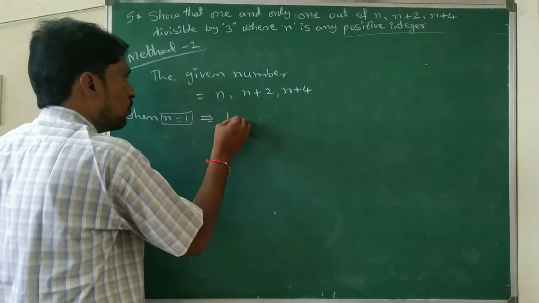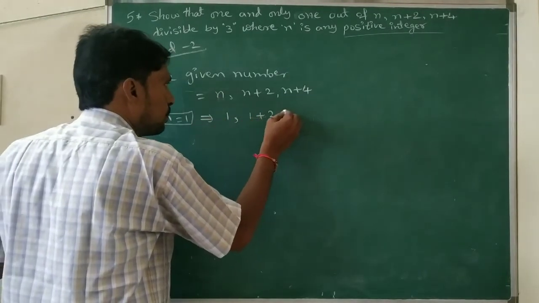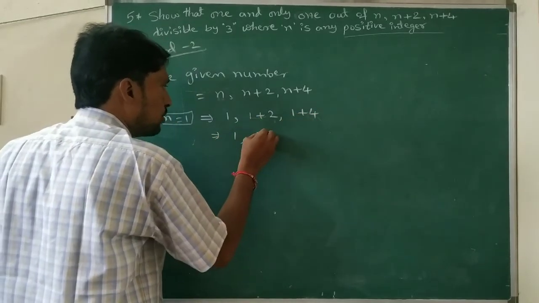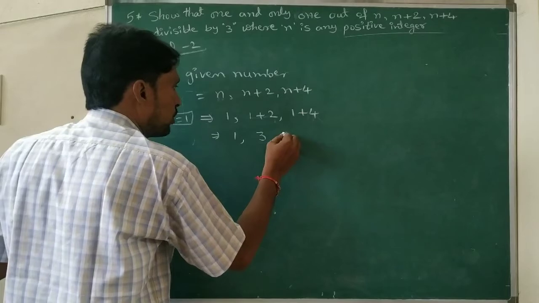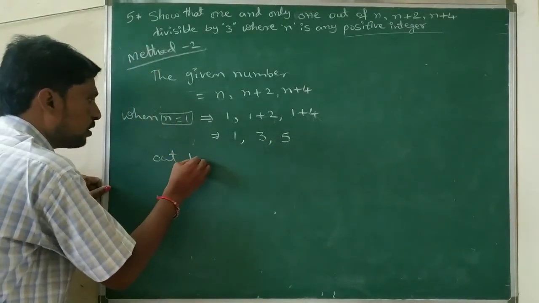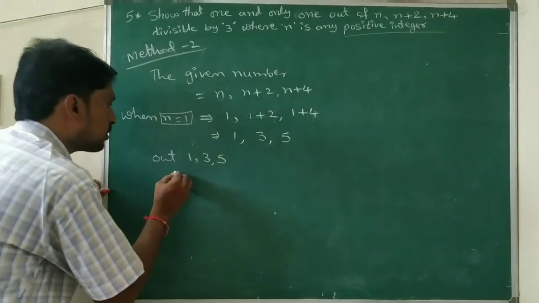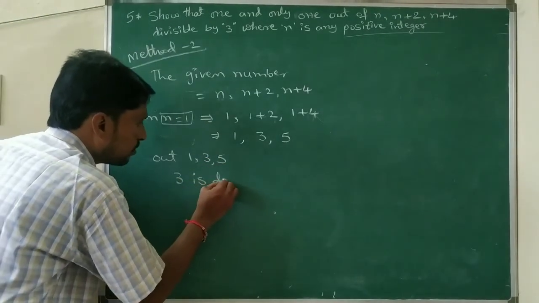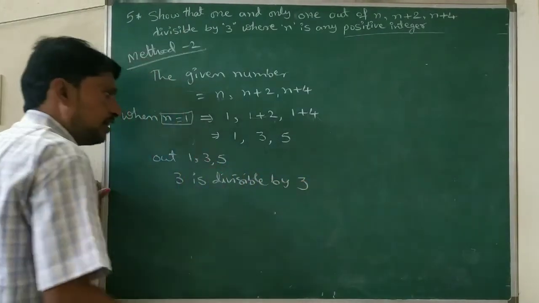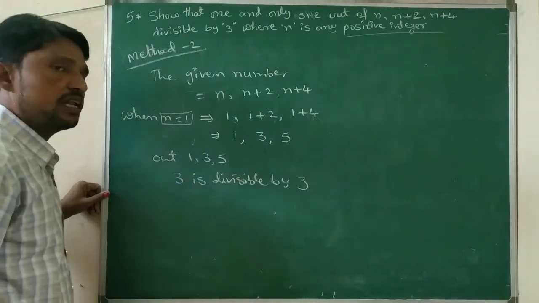Then 1, 1 plus 2, 1 plus 4, that implies 1, 3 and 5. Now out of 1, 3, 5, 3 is divisible by 3. This 3 is divisible by 3, or not? So 3 is divisible. Remaining 1 and 5 are not divisible.